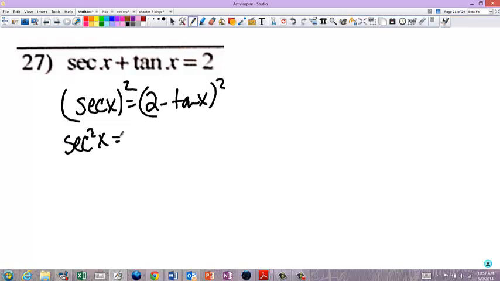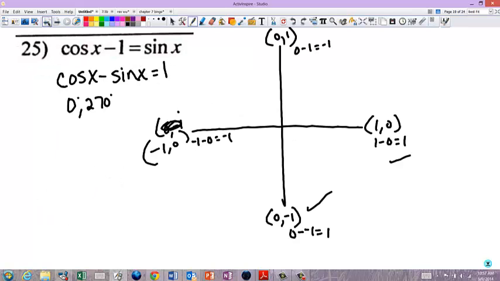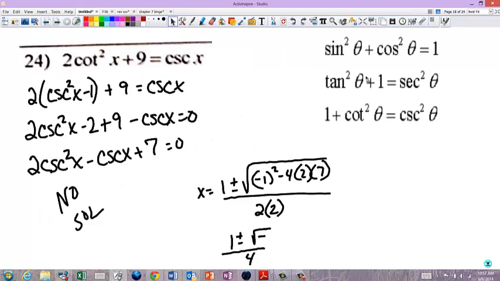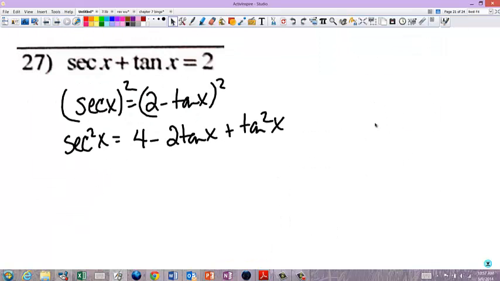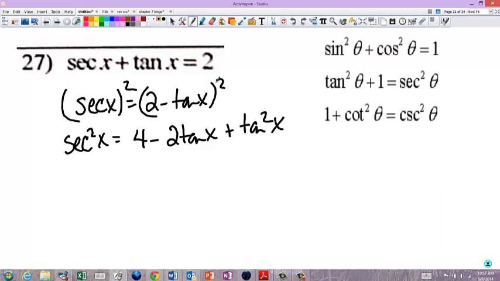Remember, I'm going to be creating extra answers, so before minus 2 tan x plus tan squared of x, and I'm going to replace secant squared with tan squared plus 1.